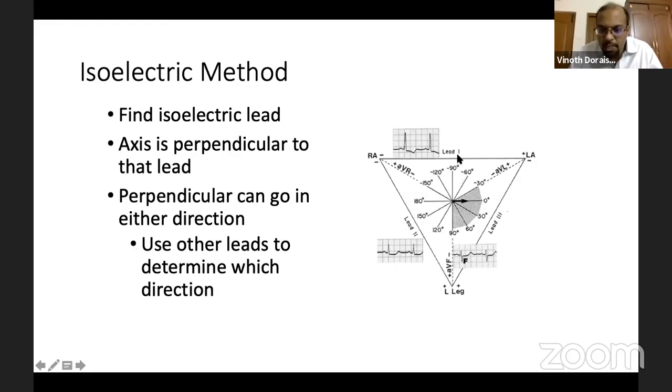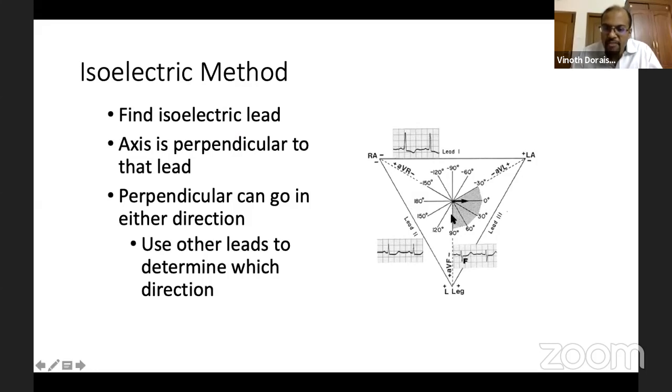So suppose you take lead 1, lead 2, and lead 3. Out of AVR, AVL, and AVF, we know that AVF is actually the most isoelectric when compared to the other leads.